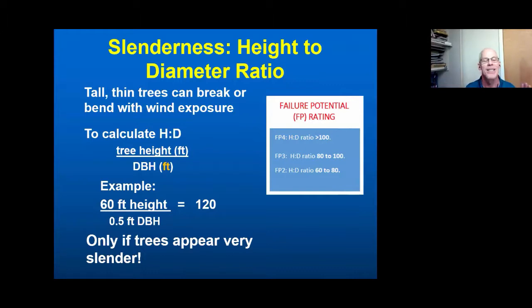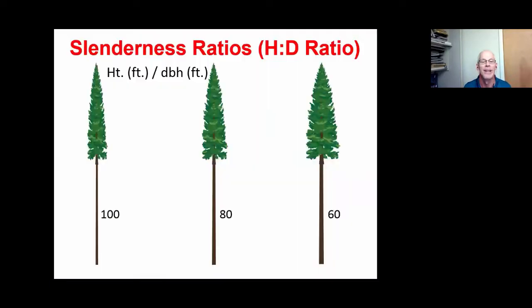Just because these trees are so skinny, probably developed in a very tight canopy, they're much more likely to blow down. And this is going to be a failure potential code 4L. The slenderness ratio just gives you a graphic picture of what that might look like. And a failure potential 4 for over 100, a 3 for over 80, and a 2 for over 60.